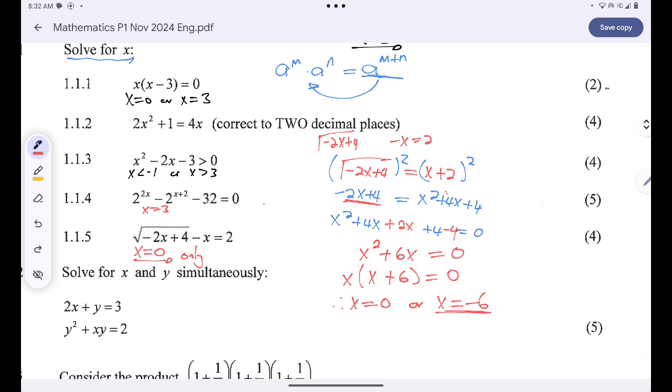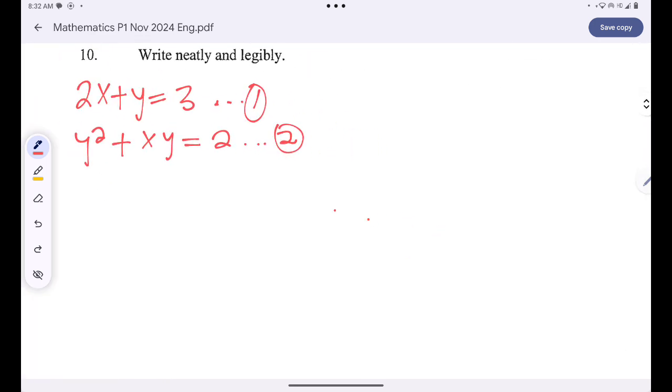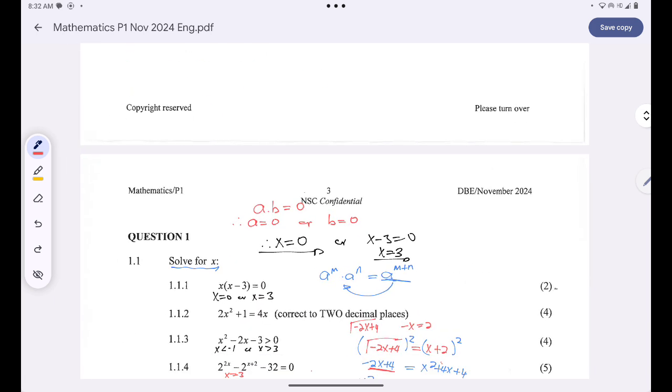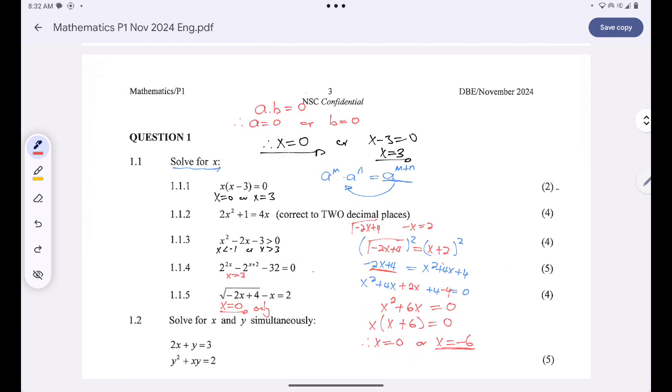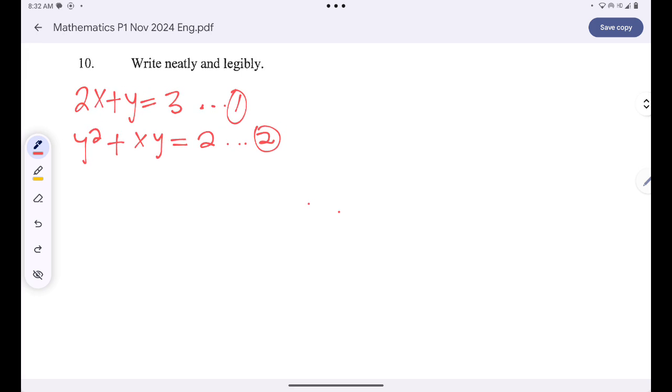Okay, and then now I must solve this simultaneous equation. I'm given two equations over here, guys. Let me check whether I copied them correctly. Okay, I did. I'm given two equations and I must solve simultaneously, guys.